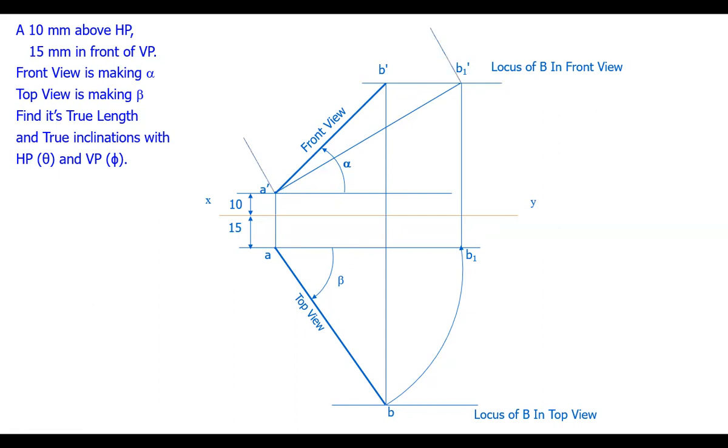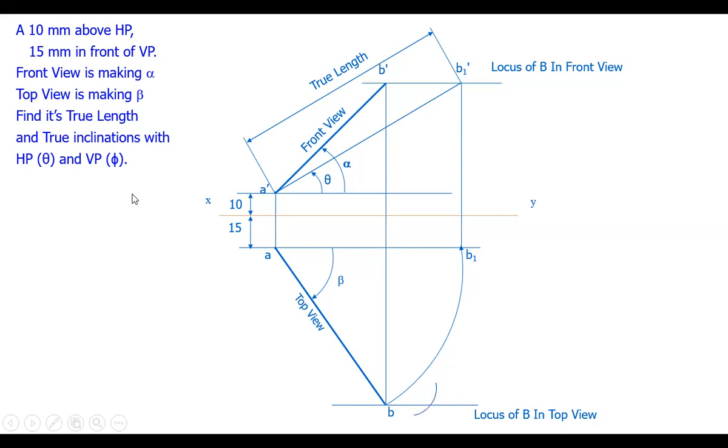We can measure the true length, and the angle of this line with the horizontal line is the angle with the horizontal plane. This is theta. So we are able to find the true length and the true inclination with the HP.